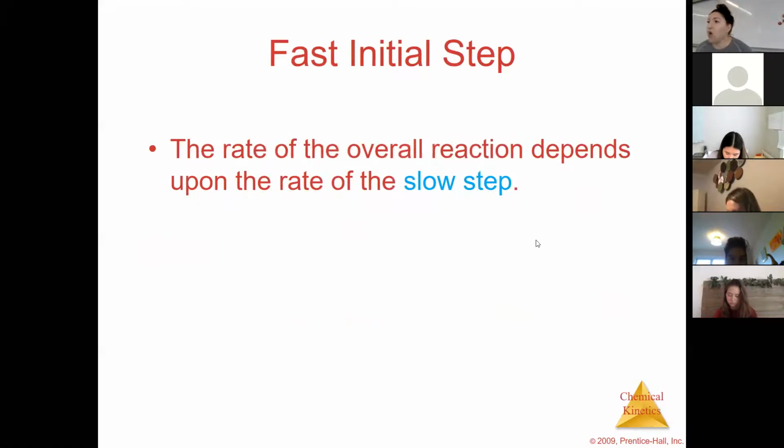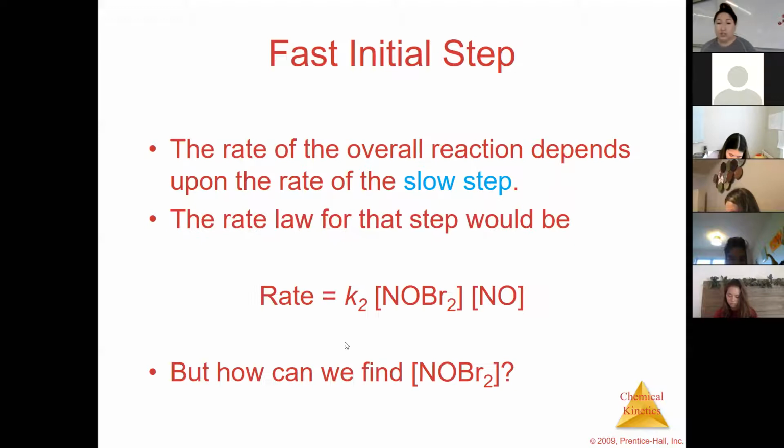So the rate law of the overall reaction depends on your rate determining step, the slowest step. And so we just wrote that would be rate equals k2. They just wrote a subscript 2 to show it's the k from the second elementary step. That's just like a label. But how can we find [NOBr2] if that's an intermediate?